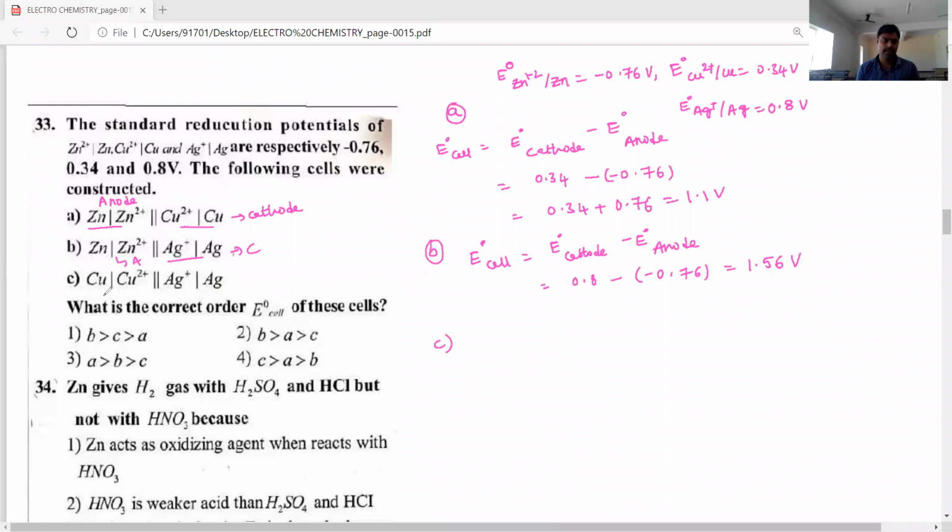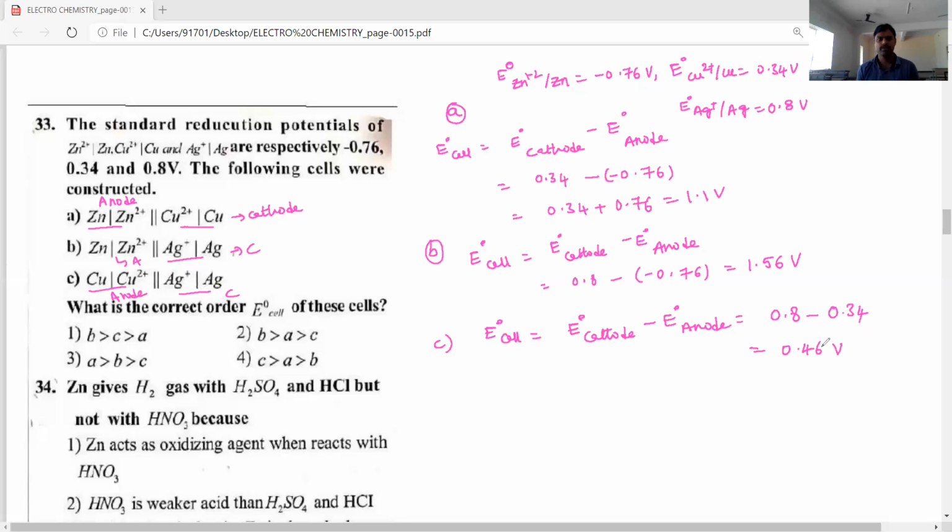Let's see the third one. Copper is anode. The left side is anode, which means oxidation takes place. Cathode means reduction takes place. Silver is the cathode. The electromotive force of the cell is E0 of cathode minus E0 of anode, which is Ag+/Ag, 0.8, minus Cu2+/Cu, 0.34, which is 0.46 volts.